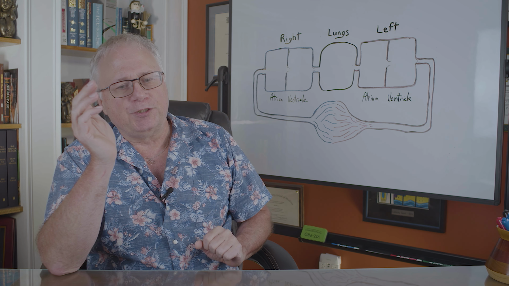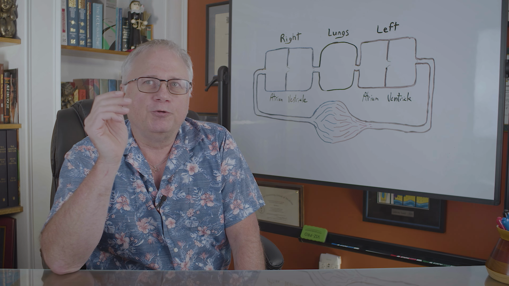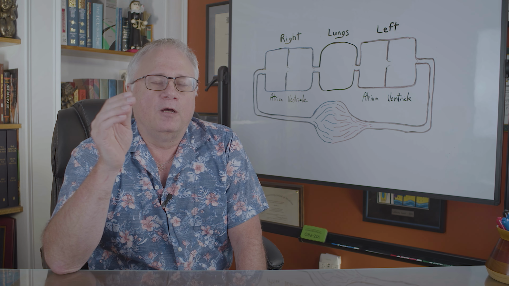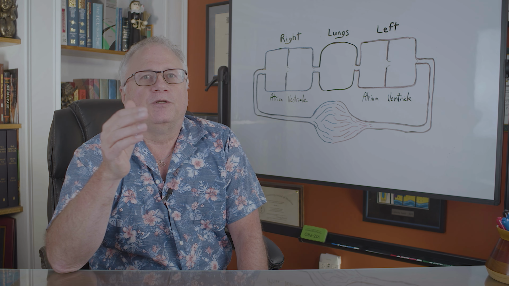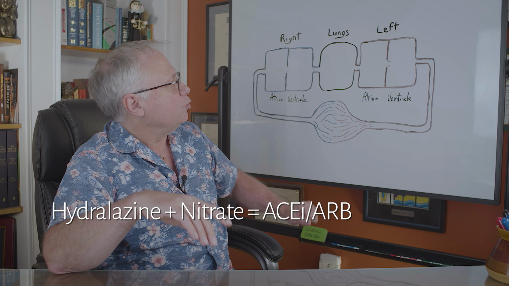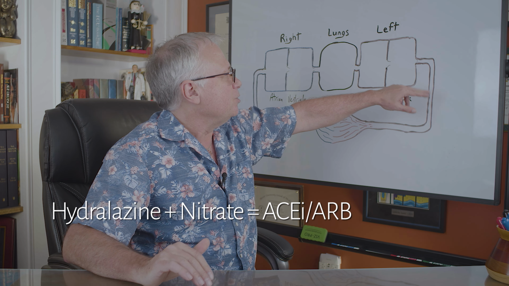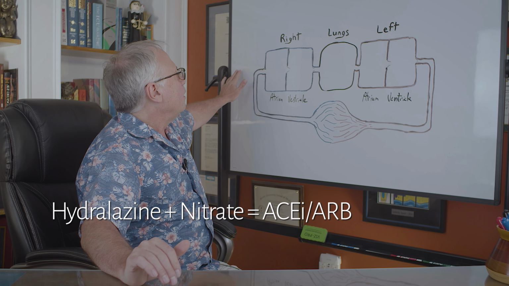Now, for patients who cannot be on an ACE inhibitor or an angiotensin receptor blocker because of kidney dysfunction, we can use a combination of hydralazine and a nitrate. The hydralazine decreases the afterload while nitrates decrease the preload.